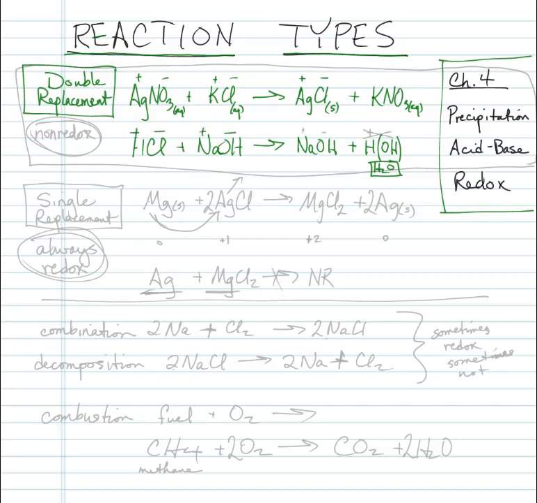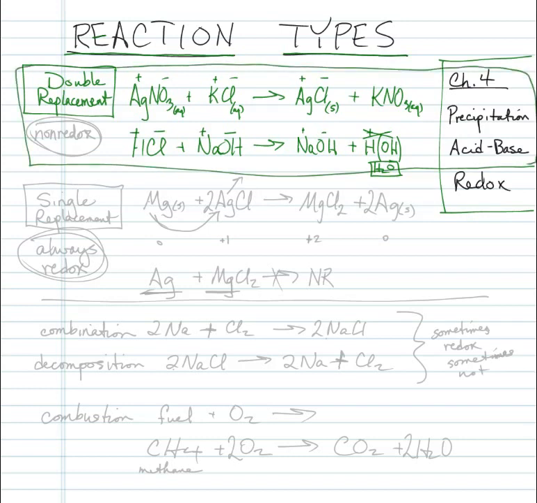They're swapping partners and forming the new compound. In this case, it's covalent, so the charges go away. So acid-base is the other kind of typical double replacement. So we can put both of these in the double replacement camp.